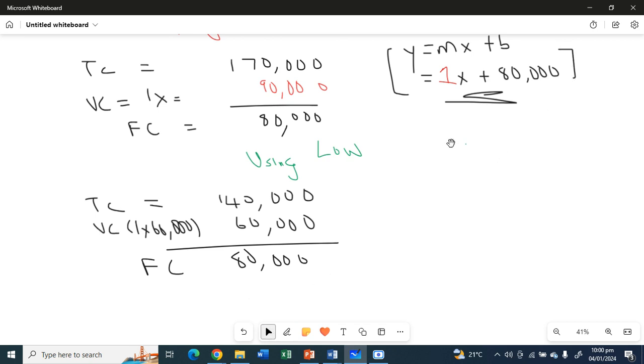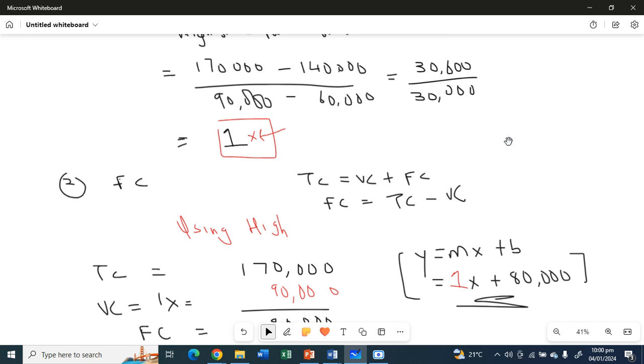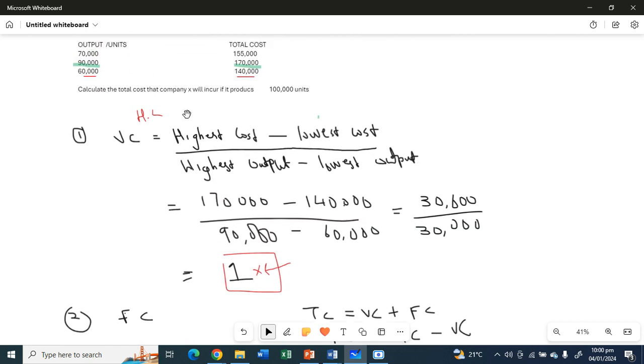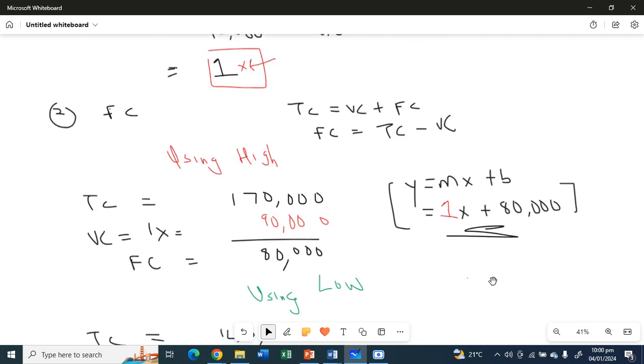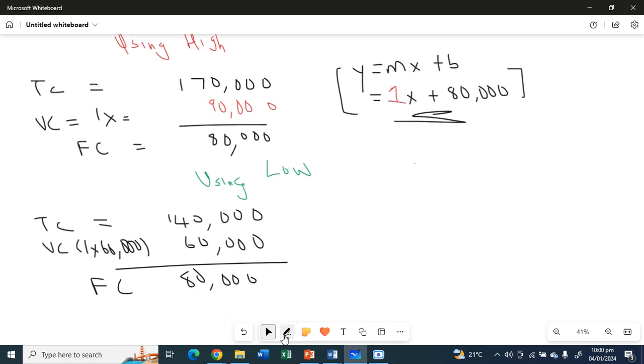Now the question asks us to calculate the total cost that the company will incur if it produces 100,000 units. So we use our cost function to determine what our total cost will be.